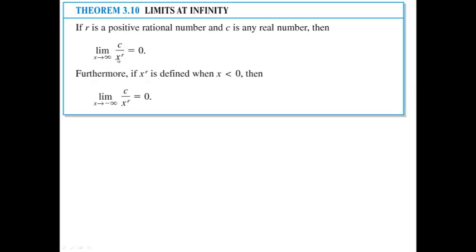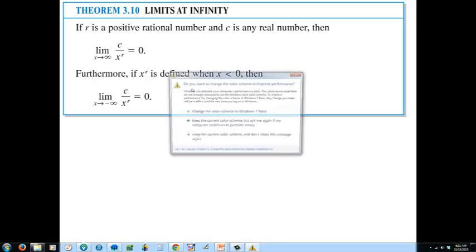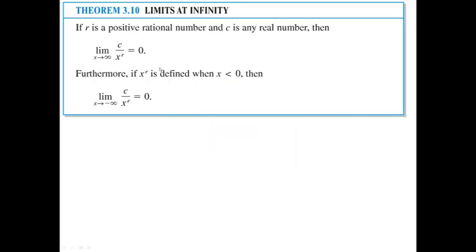We're saying the x in the denominator. Then the limit will equal 0. If you have an x in the denominator with a positive exponent and no x's in the numerator, then the limit is 0.